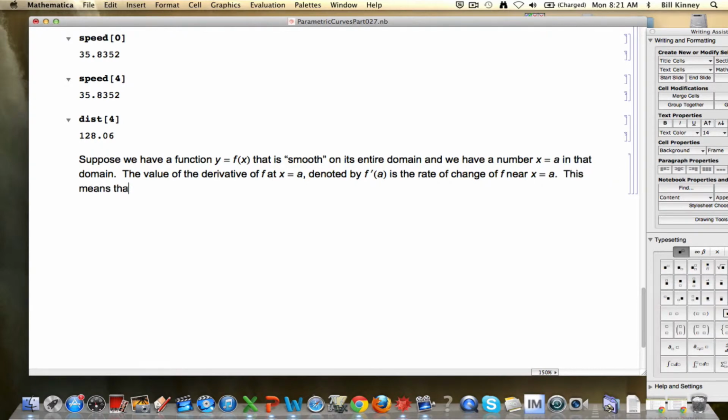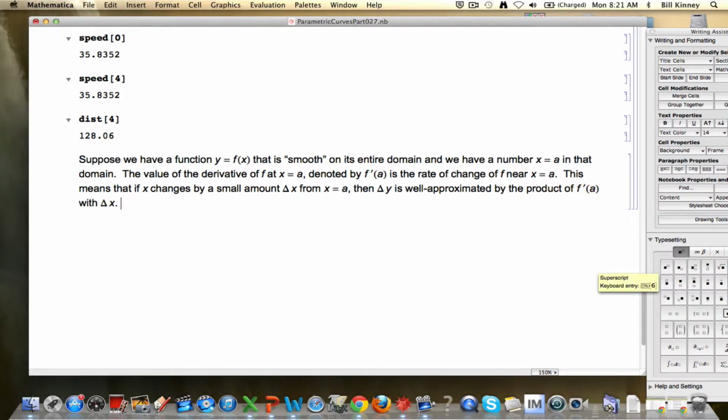This means that if you let x change a little bit away from a, if x changes by a small amount, typically called delta x, from x equals a, then the change in y, delta y, is well approximated by the product of f prime of a with delta x.